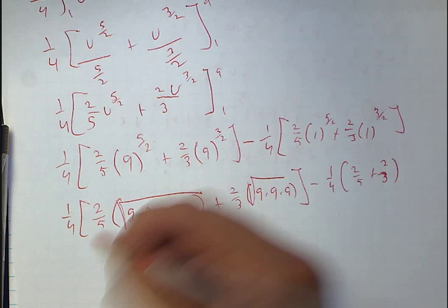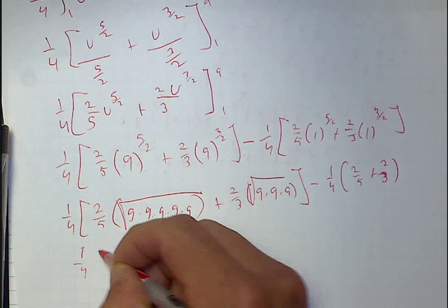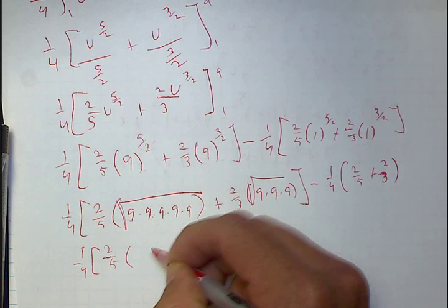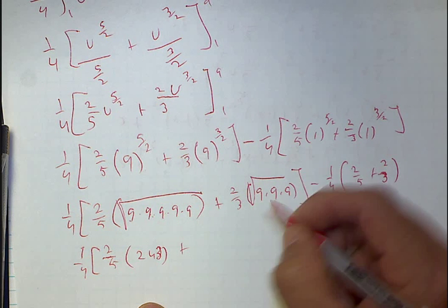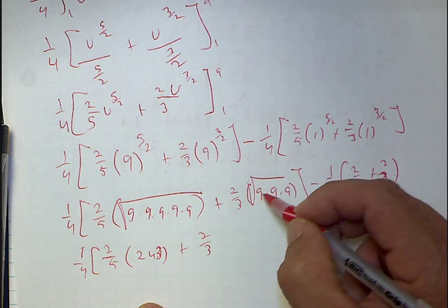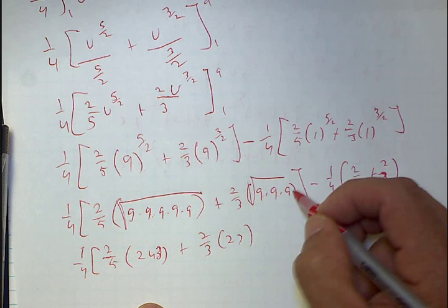So that's going to be 1/4 of 2/5 times 243 plus 2/3 of 3, 3, and 3, of 27. All right, square root of 9 times square root of 9 times square root of 9.